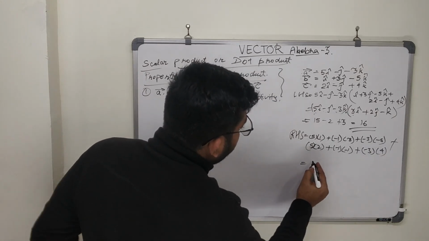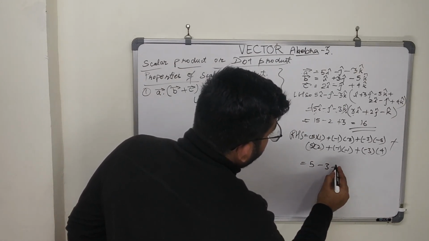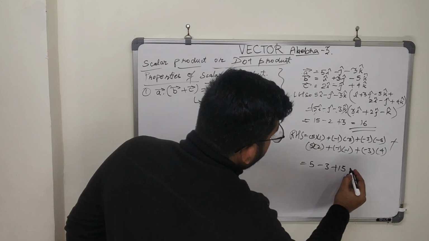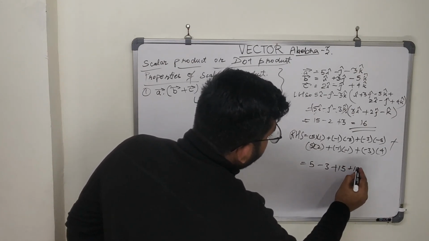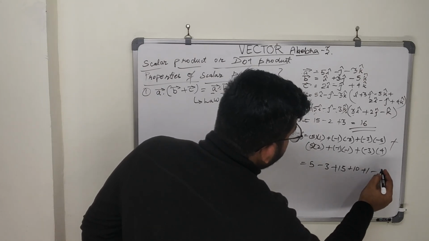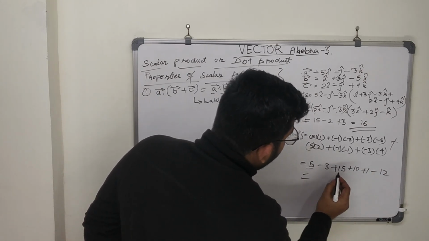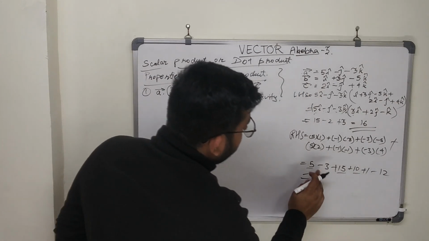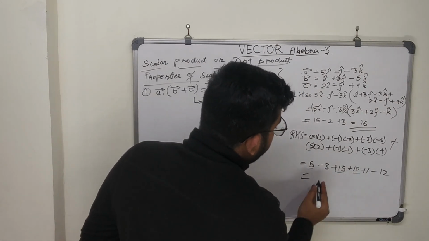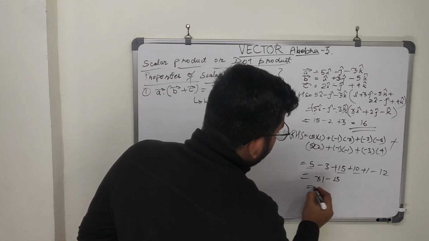We will simplify this. 5 minus 3 plus 15 plus 10 plus 1 minus 12. Simplifying a bit more, 5 plus 15 plus 10, that is 31, minus 15, that is equal to 16.